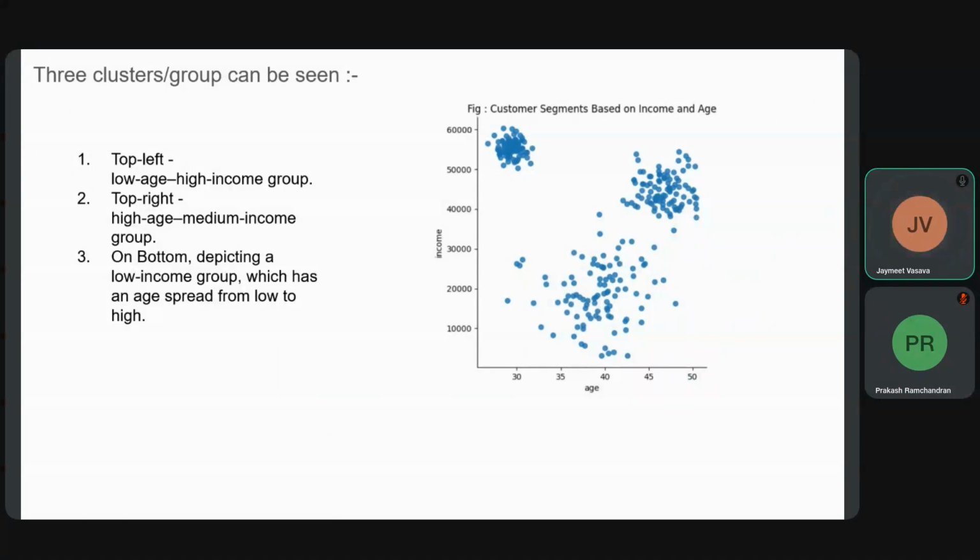So you can see that there are 3 clusters formed from the data set.